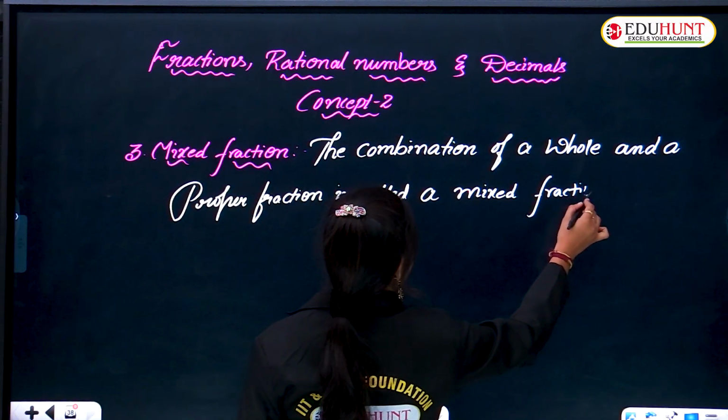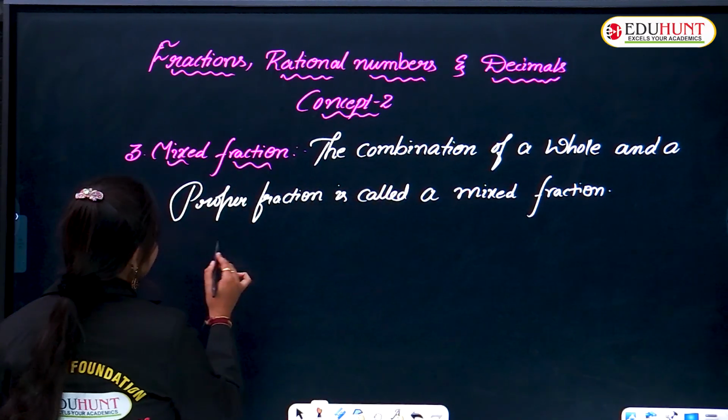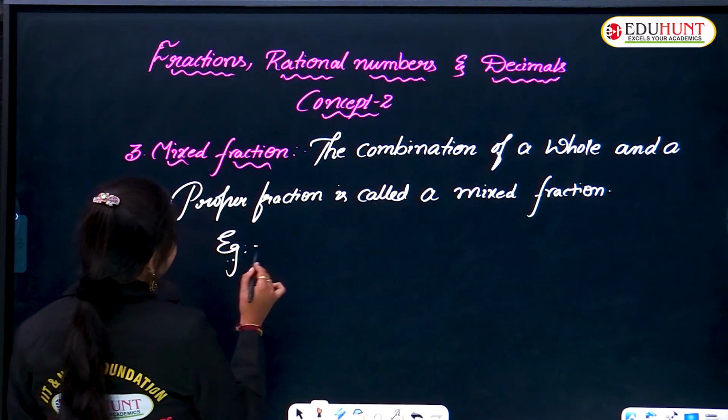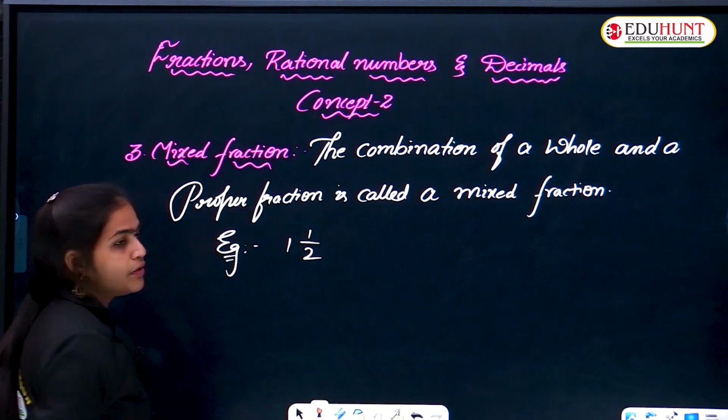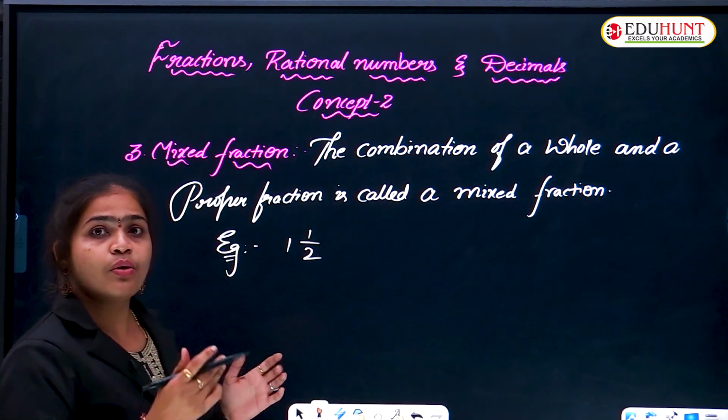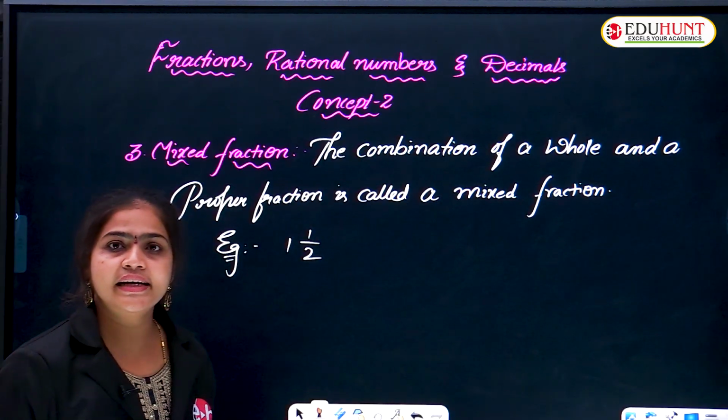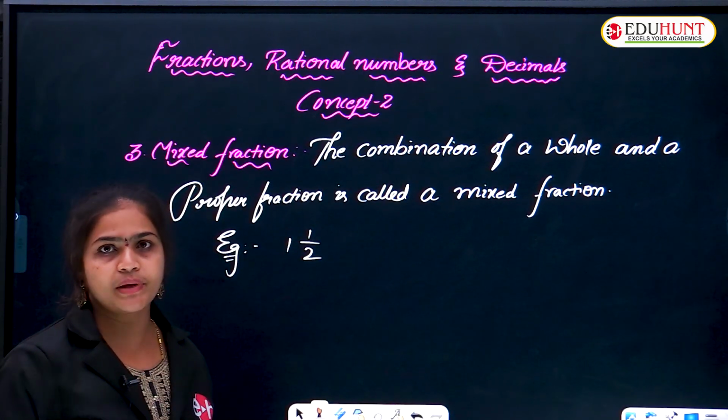For example, 1 and 1 by 2. How do we read it? 1 and half, or 1 and 1 by 2.